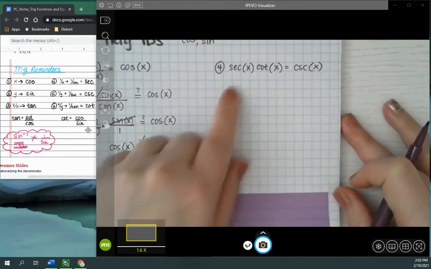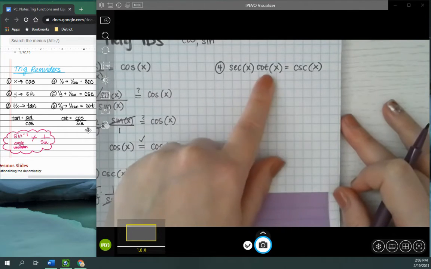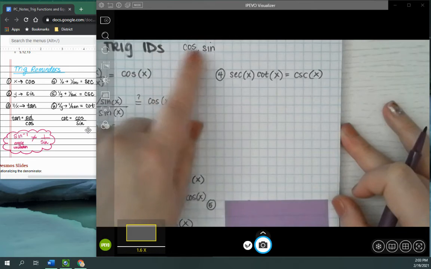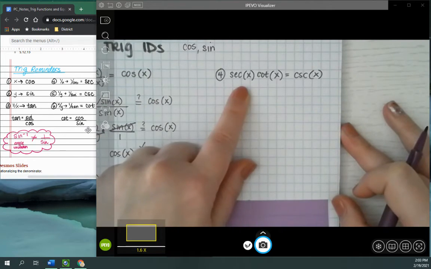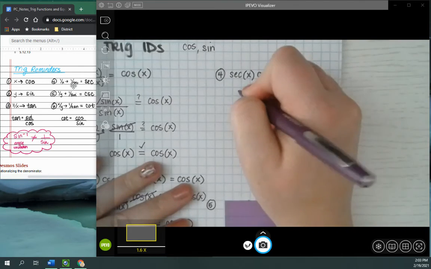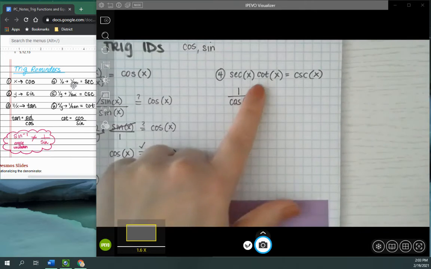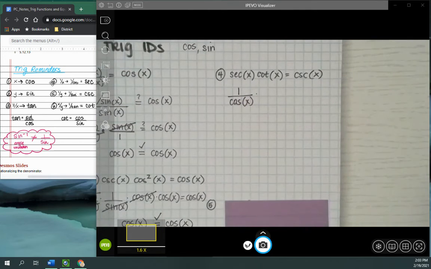Example number 4 has a secant and a cotangent. I'm going to transform my left side into cosines and sines. Secant, using my notes page, is 1 over cosine. Cotangent, using my notes page, is cosine over sine.